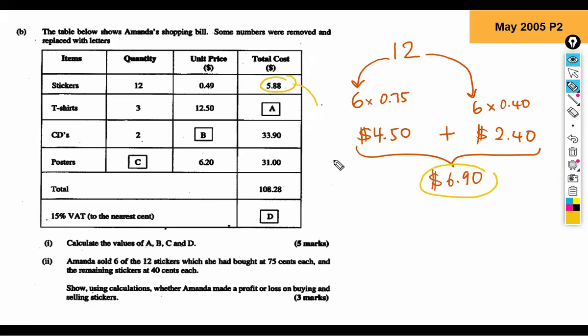It seems that she got more than what she paid for it. So when you subtract those two, I get a profit of $1.02. It's not a loss. She made more money. Remember, she's selling those stickers.